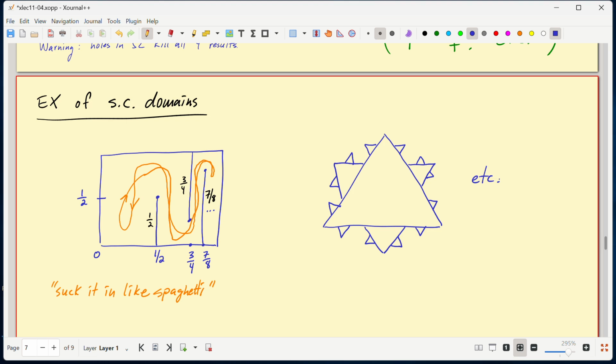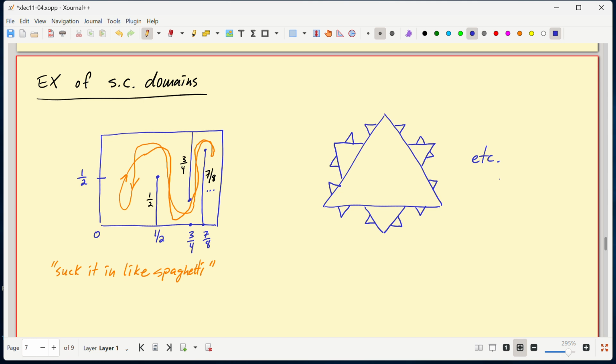It's a fascinating domain because it obviously has finite area, but if you try to make sense of the perimeter, it goes to infinity. And so the famous isoperimetric inequality is that the area is less than or equal to the perimeter squared divided by 4 pi.